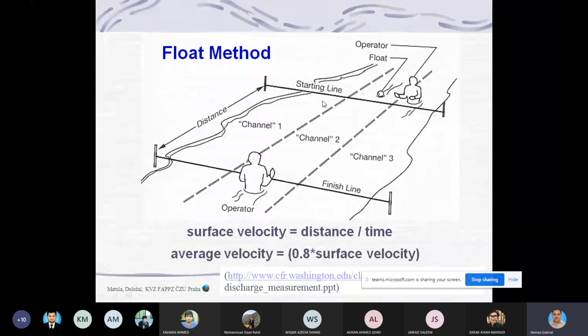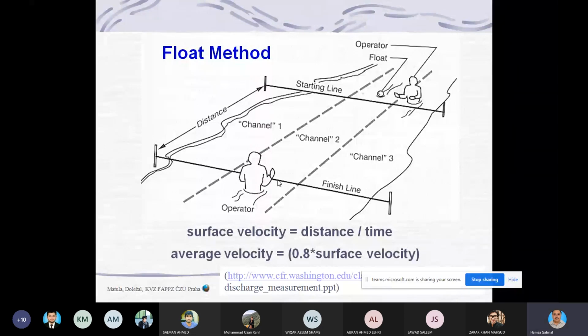The operator at the upstream end releases the float from the starting line, and the recorder, the third person, records how much time it takes the float to travel to the downstream operator. 3 readings are taken, and the average is taken to find the velocity.